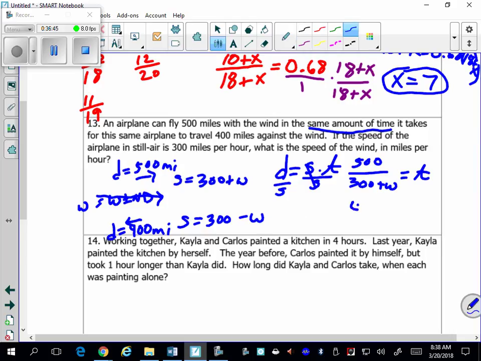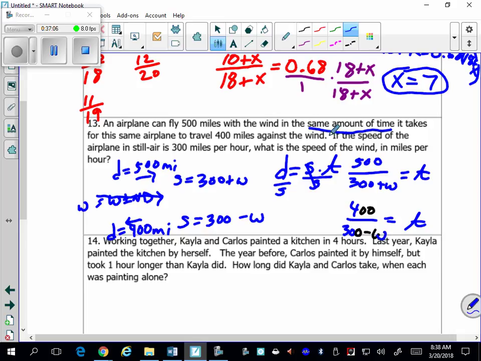So this is the time it takes to go 500 miles with the wind and the time it takes to go 400 miles against the wind. It says it takes the same amount of time. So if time equals this, time equals that, then these have to be equal. So that's what we're going to do.